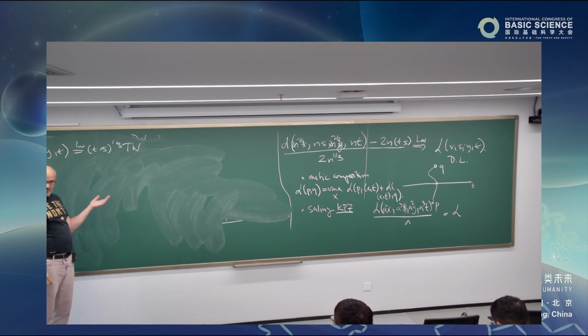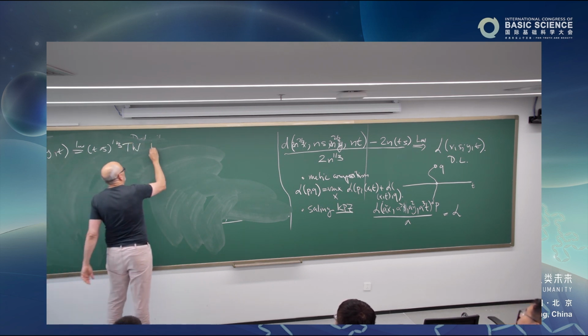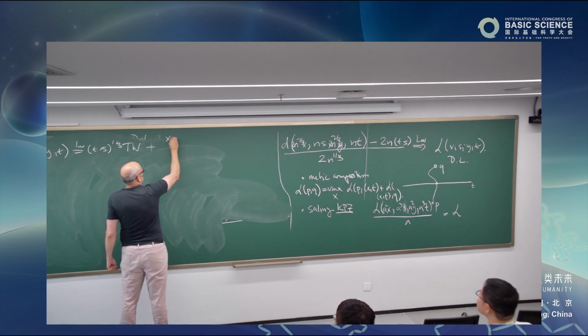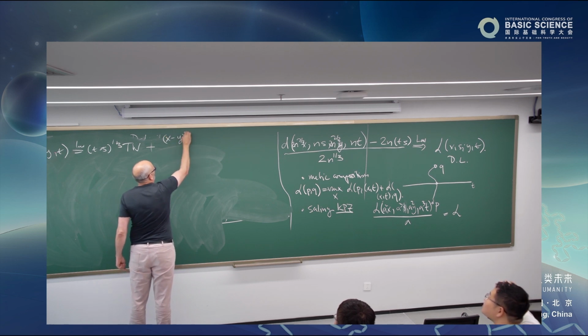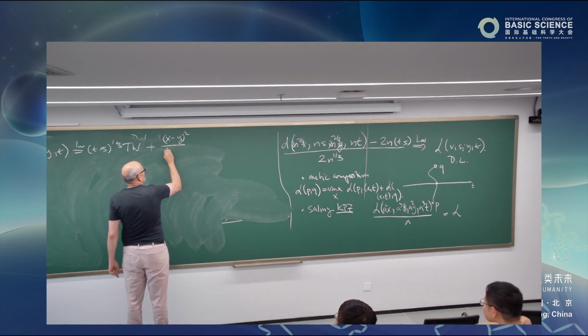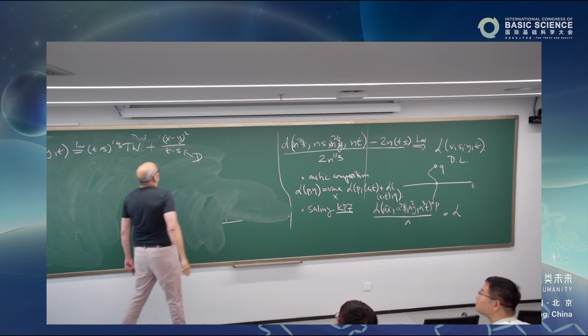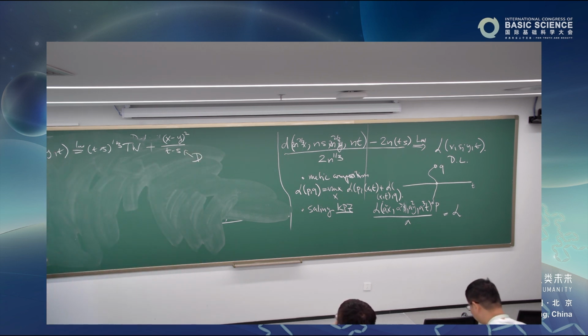Okay, so that's the fluctuation term. Minus a term which is called the Dirichlet norm, (x minus y) squared over (t minus s). This we call D here, which is a kind of mean term.